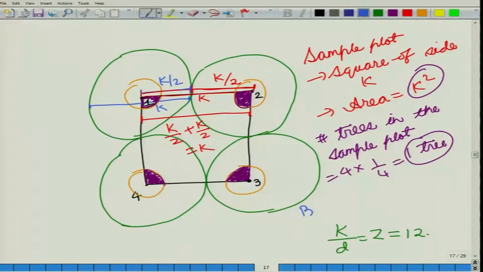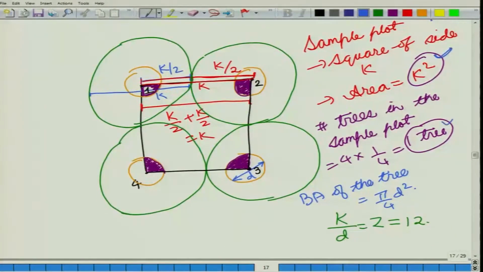Because this tree has a diameter of d, the basal area of the tree is given by pi by 4 d square. That is the basal area of 1 tree, but in our sample plot of k square area we only have 1 tree. So what is the basal area of the stand per hectare?